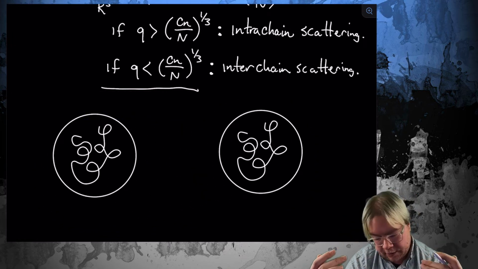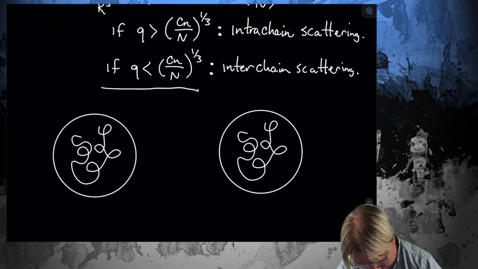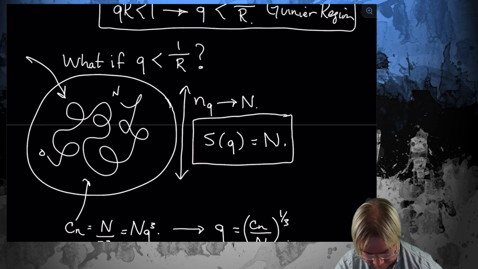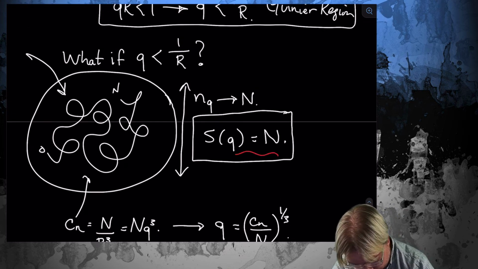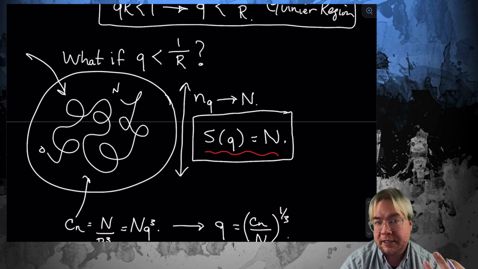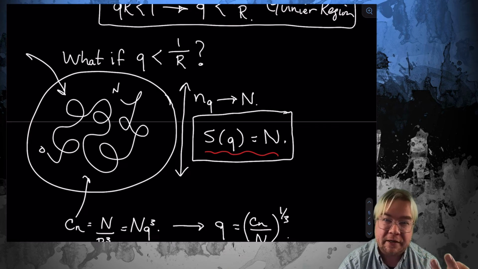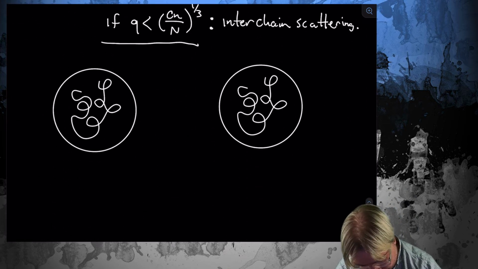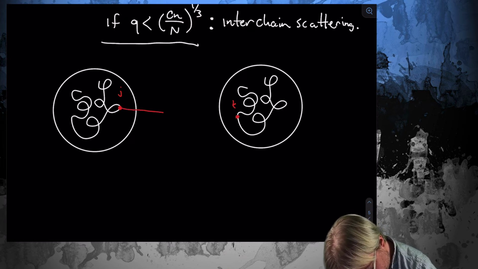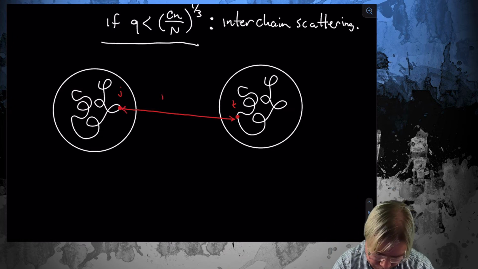Then if Q is less than this concentration, I see interchain scattering. Not only do I have this structure factor term that is equal to N due to just the polymer chains themselves, so scattering from just individual polymer chains, but I'm also going to have to start considering the effect of a monomer in one chain being correlated in terms of its position with a monomer in another chain.